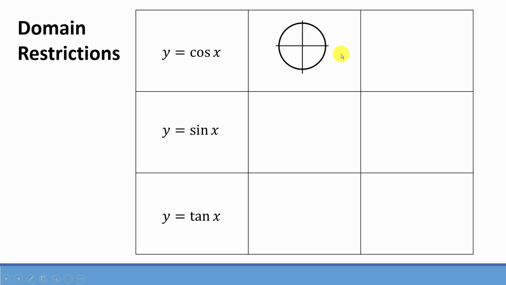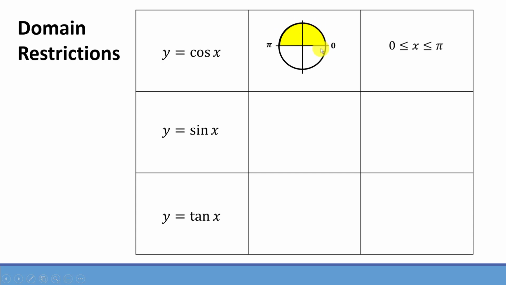For the cosine function, we're only going to pick quadrants 1 and 2, so these are the values from 0 to pi, and that's going to represent the restricted domain for the cosine function. So the inputs that we're going to use are going to come only from the interval from 0 to pi, including 0 and pi.